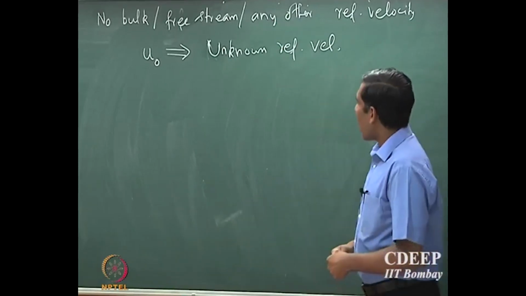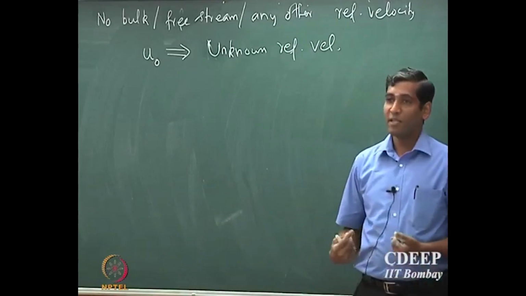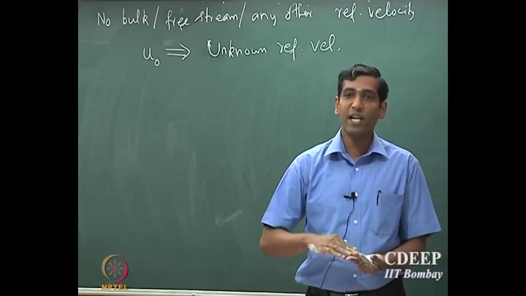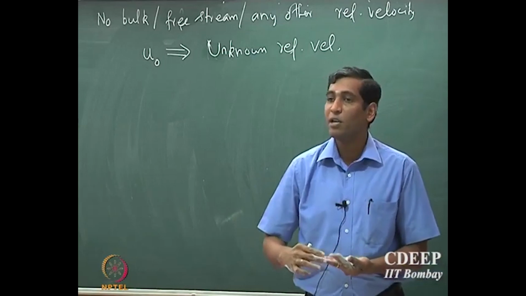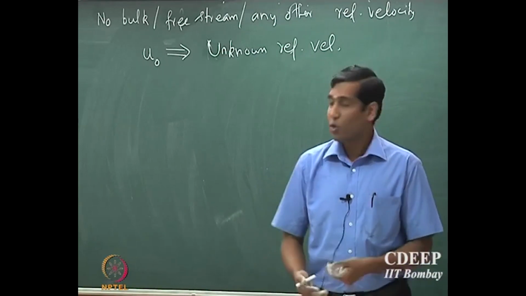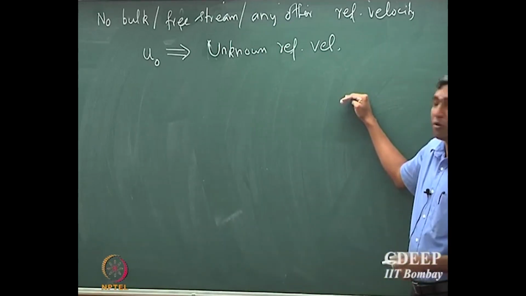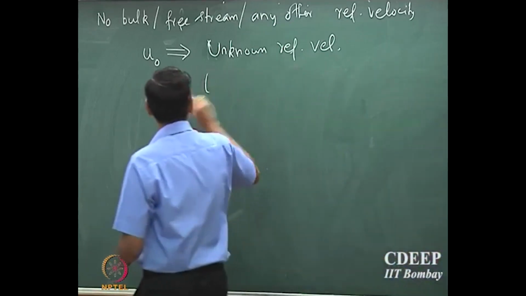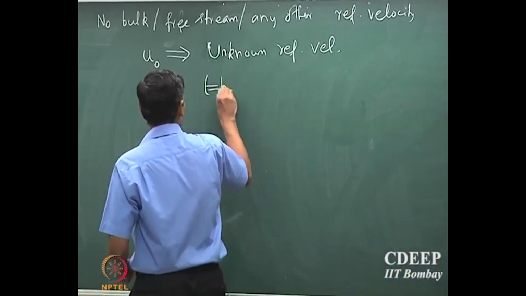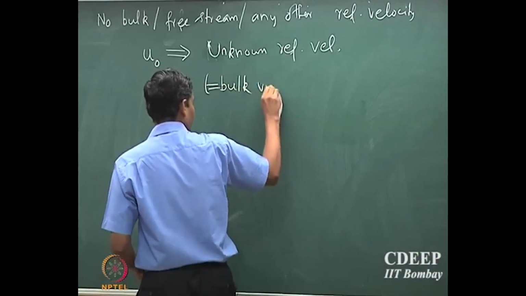So the question is, how do I decide whether for a given problem it's the free convection or the forced convection which is the dominating mode of heat transport? So it is at that situation where this unknown reference velocity will play an important role. And in fact, in that situation, this unknown reference will simply be equal to the bulk velocity itself.